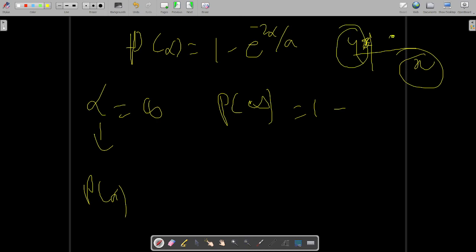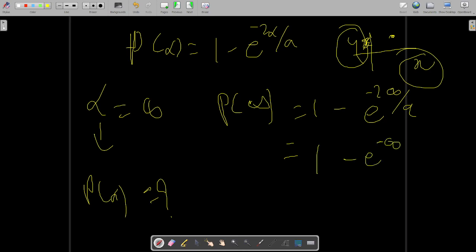So if you put alpha equal to infinity, this expression will turn into P of alpha, the value we have to find out, and this expression will turn into e to the power minus 2 infinity by a. Now you know this very well, that anything multiplied by infinity is infinity only.